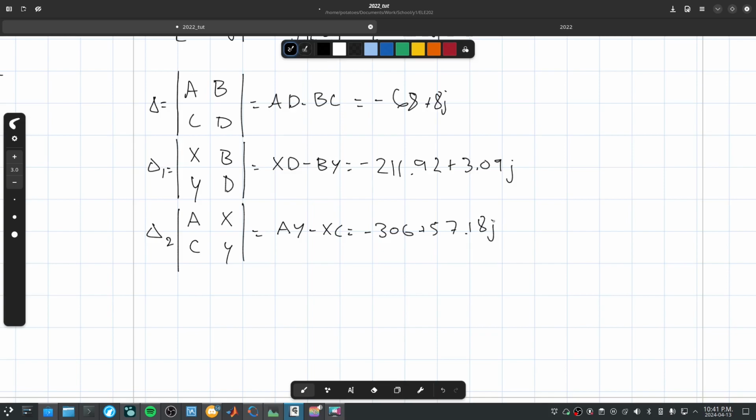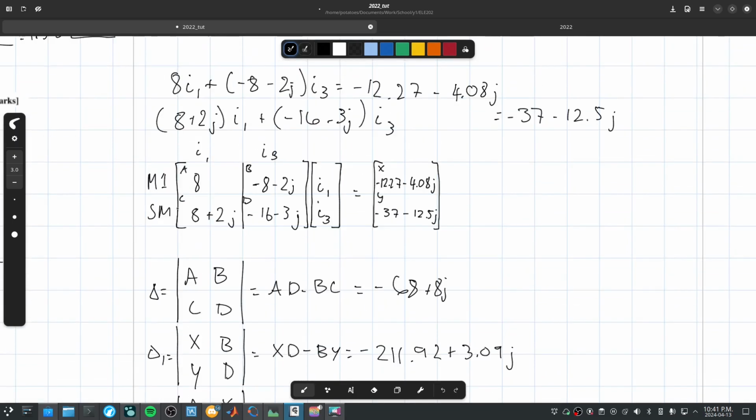And now we can do Cramer's rule. I1 is going to be delta 1 over delta, and I3 will be delta 2 over delta. Don't get this delta 2 mixed up with what you're solving with. This number here just means what column you're solving for.